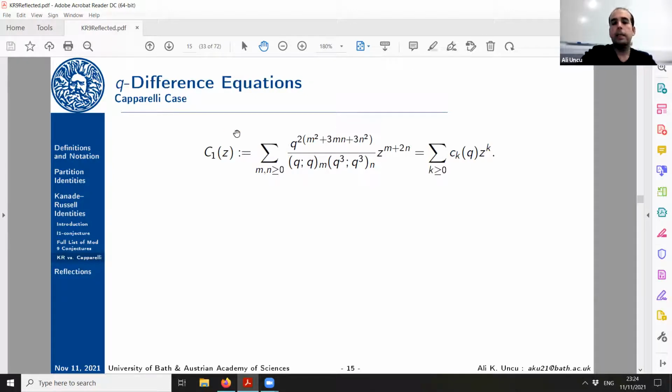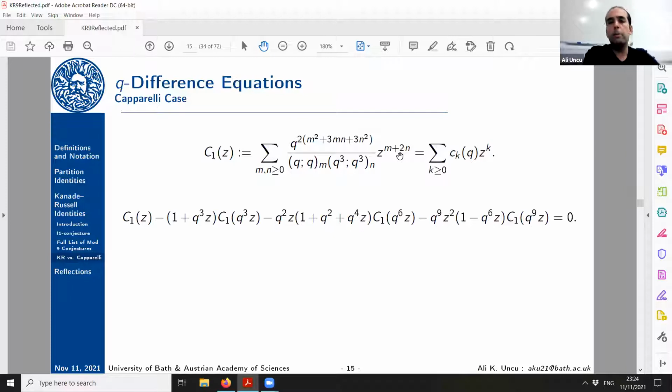If you look at this generating function with this extra z, you can easily form an ansatz, solve it, and see that it satisfies a q-difference equation of this form. So you see the original, then z q cubed, z q^6, z q^9. So there's a shift, z goes to z q cubed in this function.